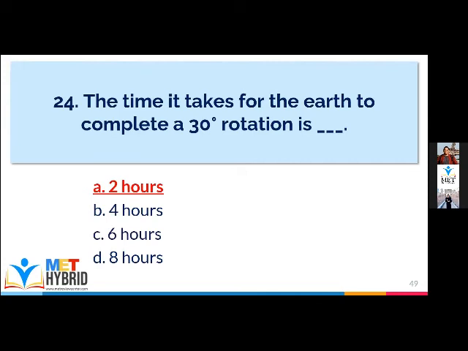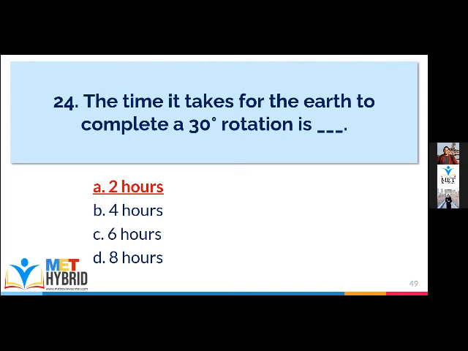So how do we determine the time it takes for the Earth to complete a 30 degrees rotation? Basically, in a day, how many hours do you have? How many hours in one day? 24, okay. And for a complete rotation of the planet Earth, meaning a complete rotation for a circle, is how many degrees? 360.